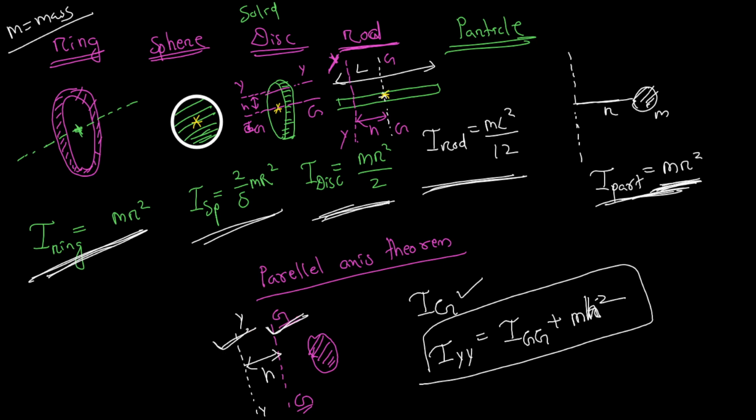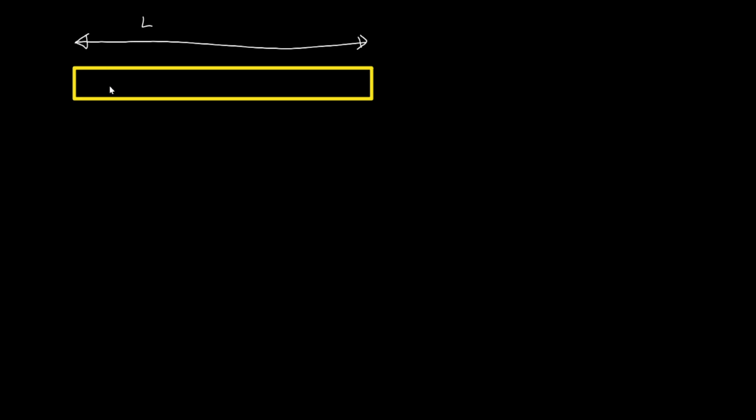Suppose, see what I am saying, this is a rod having a length of L. I know the formula for the center G, so Ig for the rod is equal to ml square by 12.